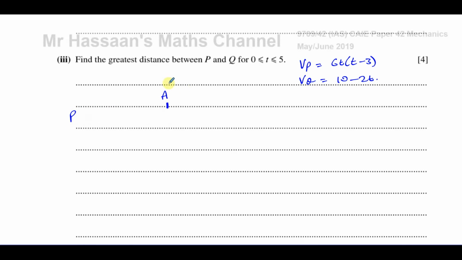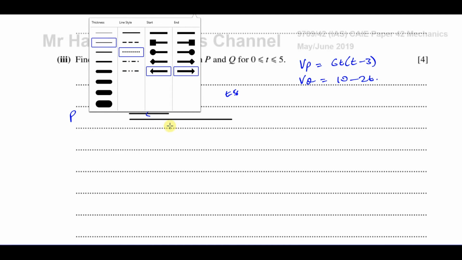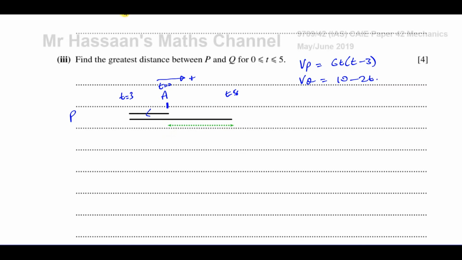If we consider P and take this direction as positive, then P started out by moving in this direction, and 3 seconds into its motion, when time equals 3 seconds, it changed direction and started to go in this direction, until at 5 seconds its displacement, not its distance, but its displacement from A, was 25 meters.